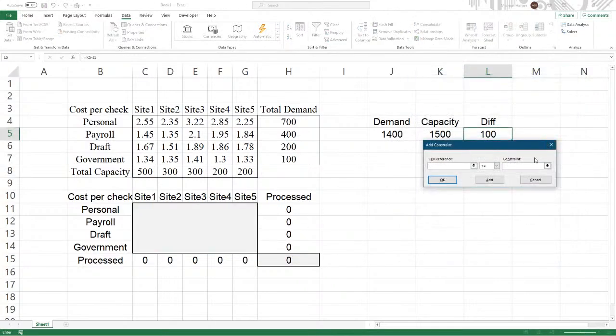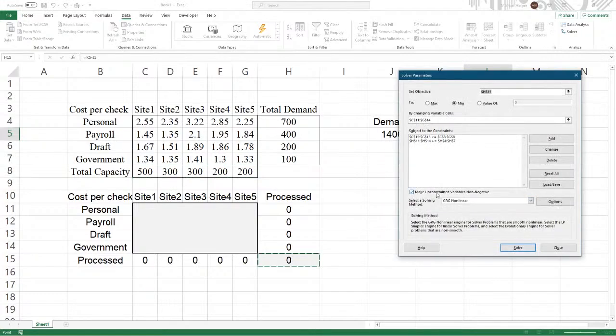Add constraints. First, what is being processed must be greater than or equal to its demand. We can't process less than demand, because that's the requirement. Then add that what's being processed by the site must be less than or equal to the capacity of the site, because it can't process more than the capacity. Say okay, and there it is.